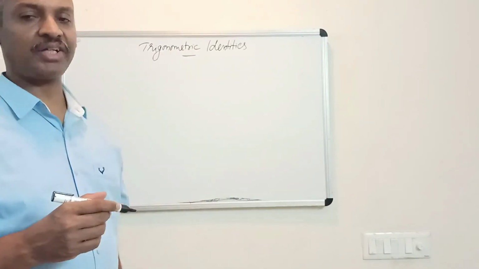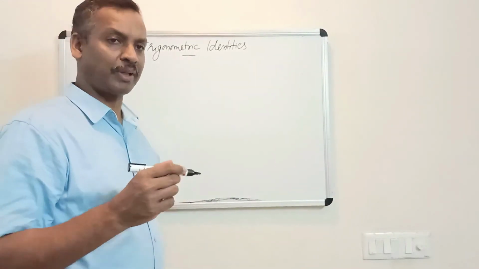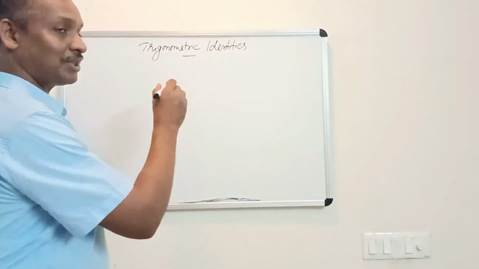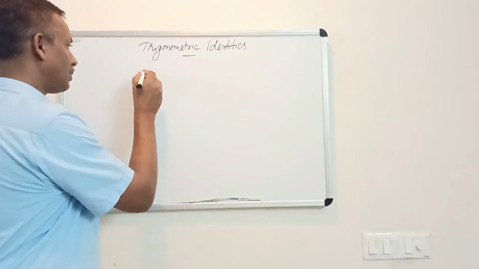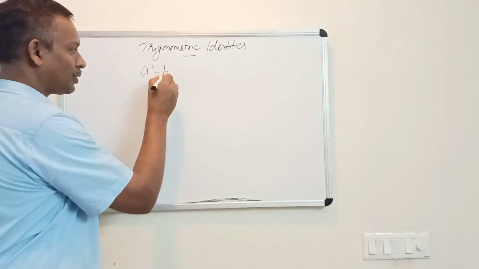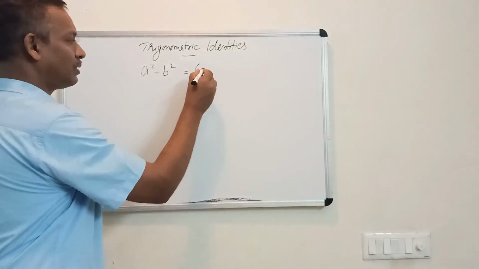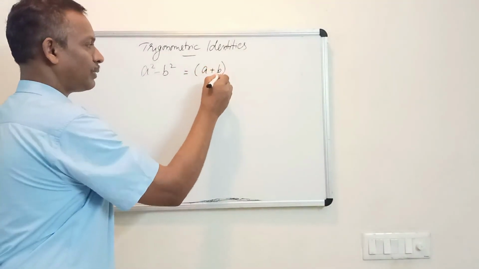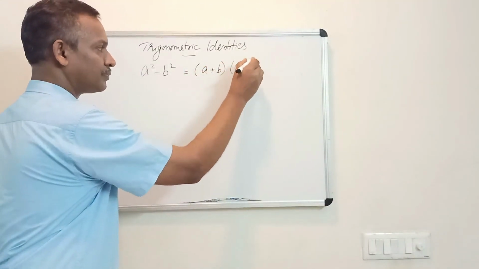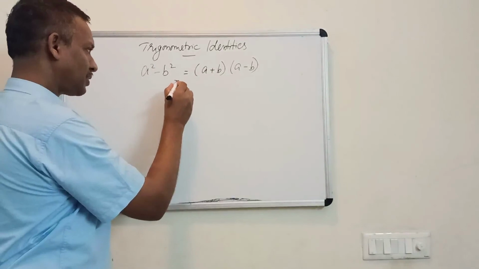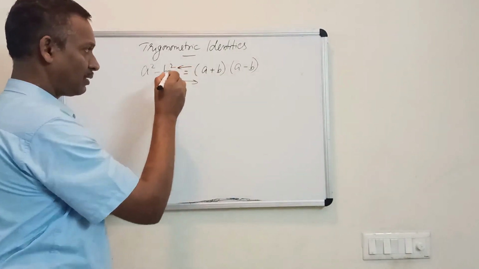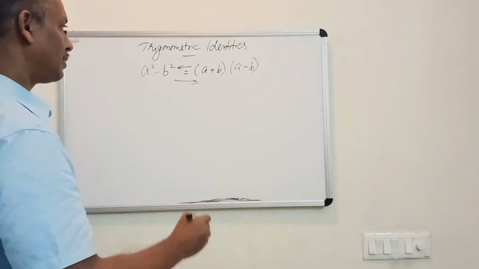And yes, now I connect these trigonometric identities with algebraic identities. You all know these algebraic identities. a square minus b square. What is a square minus b square? All of you know it is a plus b into a minus b. It goes towards right as well as left side in certain questions we have to use.